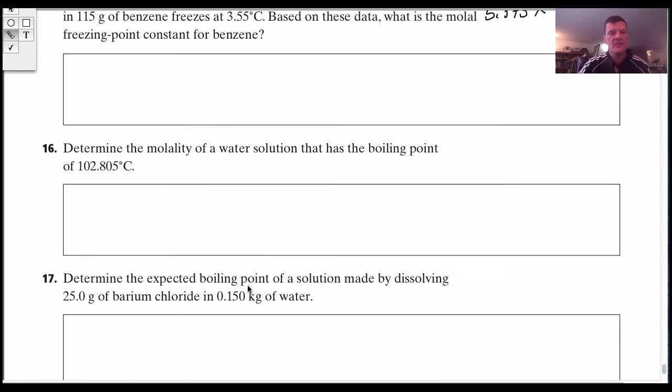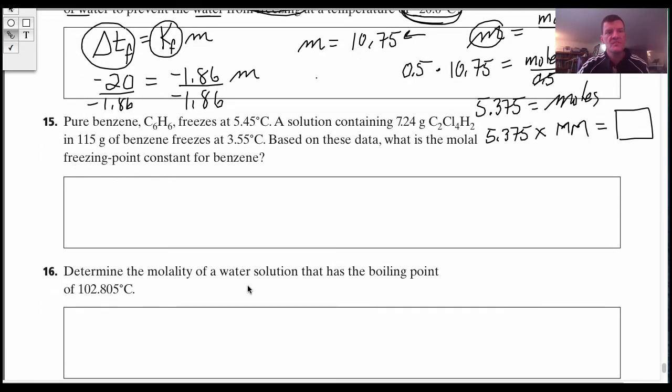Okay, 15. It says pure benzene, and there's your formula, freezes at 5.45 degrees Celsius. This is what it normally freezes at. A solution containing 7.24 grams of this, it's a different thing, that's your solute, in 115 grams of benzene freezes at this. Notice it went down. So it's asking what is the molal freezing point constant for benzene.